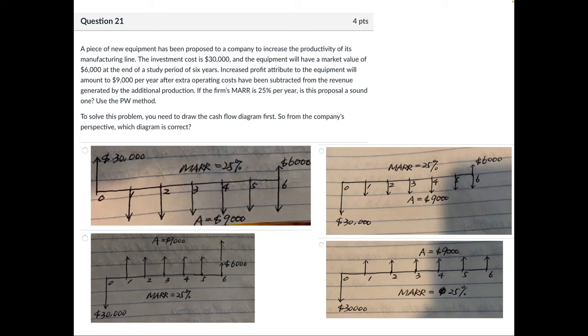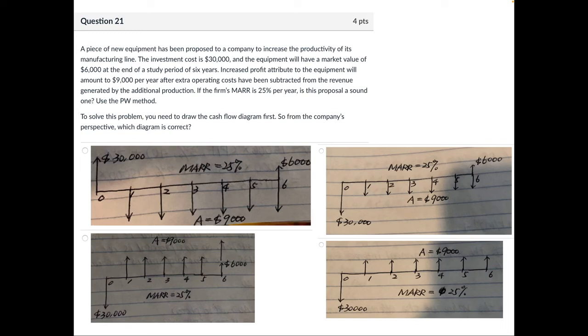Okay, this is a new problem. A piece of new equipment has been proposed to a company to increase the productivity of its manufacturing line. So this is one single project, and you're going to decide if it's a sound project or not. The investment cost is 30,000. That's the initial investment, and the equipment will have a market value of 6,000 at the end of a study period of 6 years.